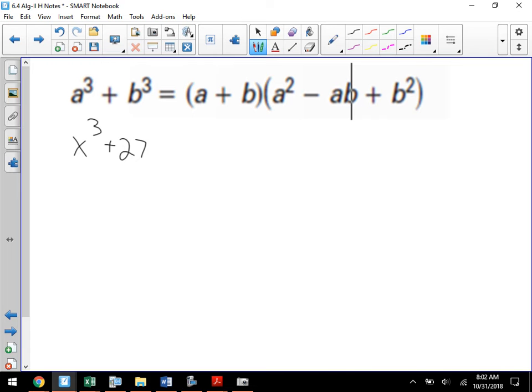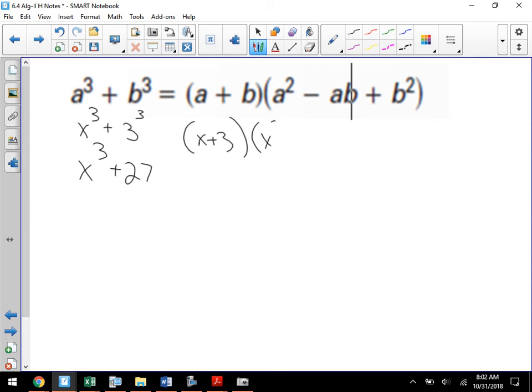So what I want to do is show you what happens with these patterns. This is the same thing as x cubed plus 3 cubed. You all right with that? So the pattern then becomes, first it's x plus 3, x squared minus 3x plus 9.